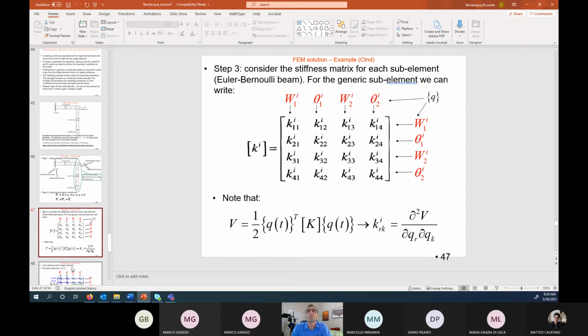Okay, step 3. Consider the stiffness matrix for each sub-element with the same assumption that we had before. For each element, we have a W and a theta to the left, which is the 1 and 1, and then the 1 to the right, which is 2 and 2, which will be the Q's associated with that element. And so the stiffness matrix will be something to be found.